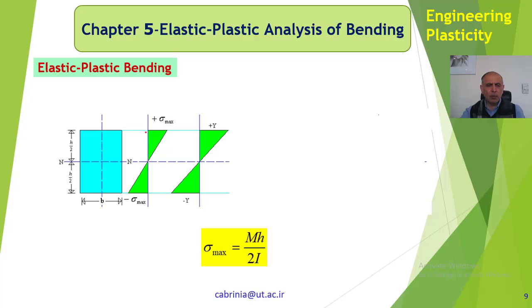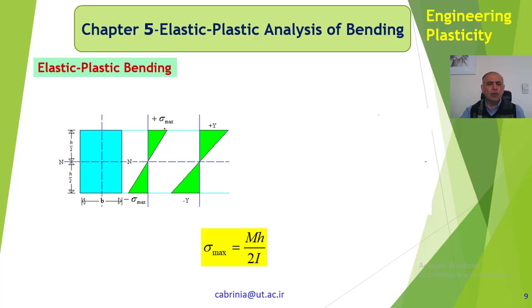Why is it 0? Because here is positive and here is negative. And you can see that is the distribution of stress. For instance, here the stress decreases until it reaches 0, then it changes sign.